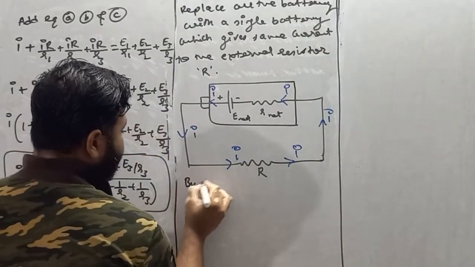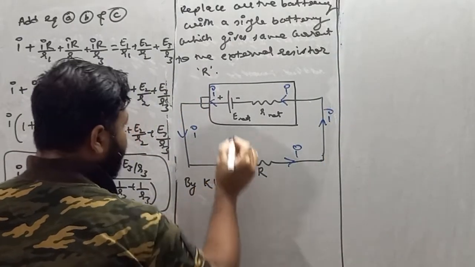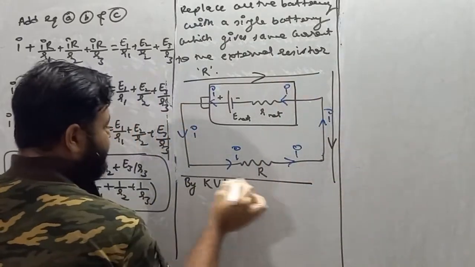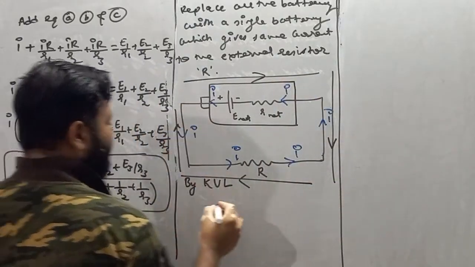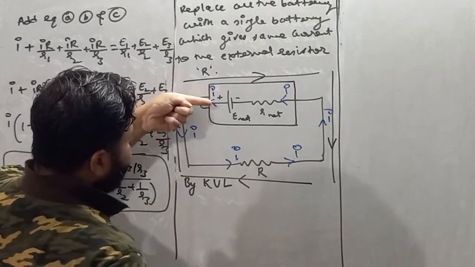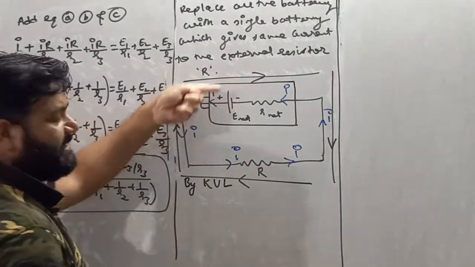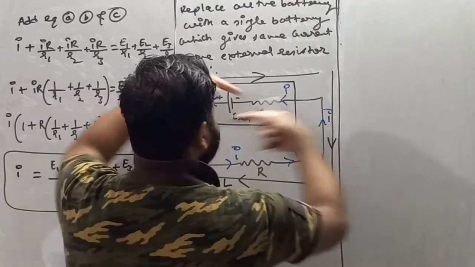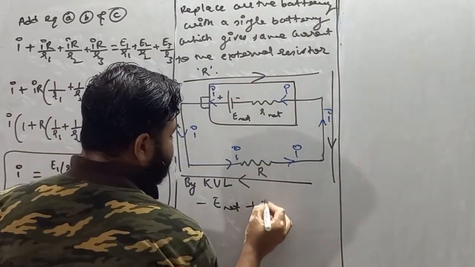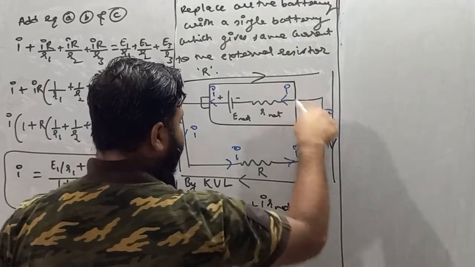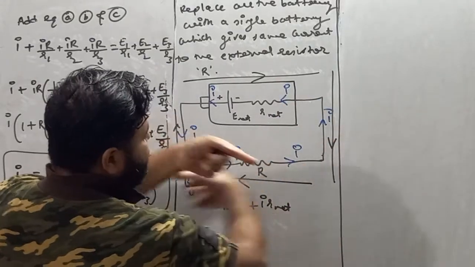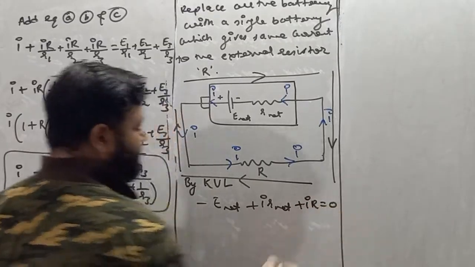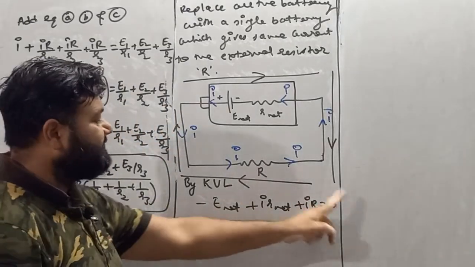See, my dear student, I am moving like this in the closed loop by KVL. I am moving from plus to minus, higher to lower, means minus E net. My direction and current direction are opposite, so plus I R net. Again, my direction and current direction are opposite in the external resistor, so plus IR is equal to 0. Now take the negative term to this side.